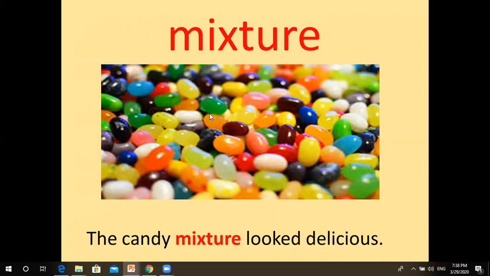A mixture is any foodstuff made from different kinds. Mixing color, mixing food. Here I have a new word, mixture.